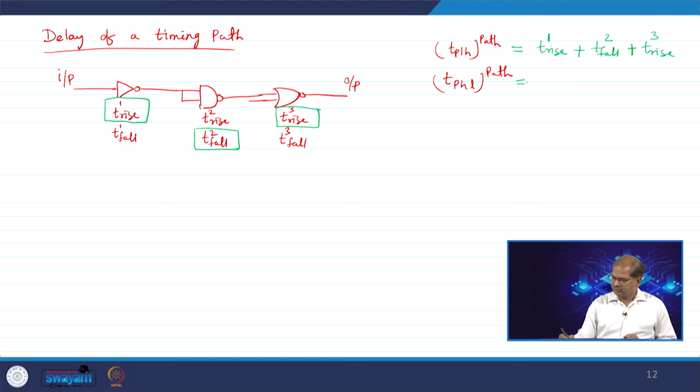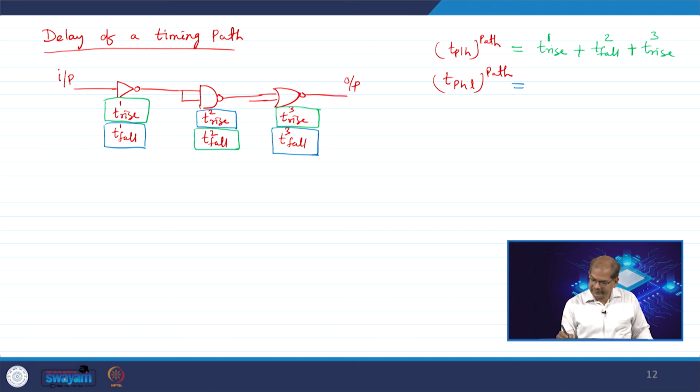Now, in the second case, I have T fall of 1, T rise of 2 and T fall of 3.